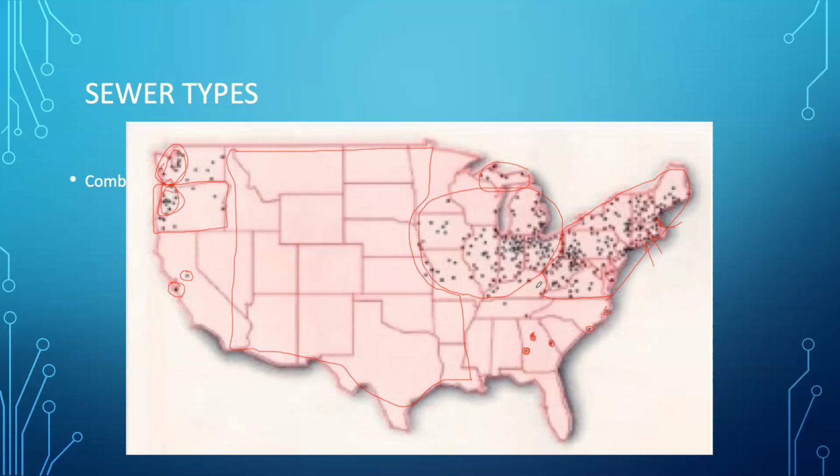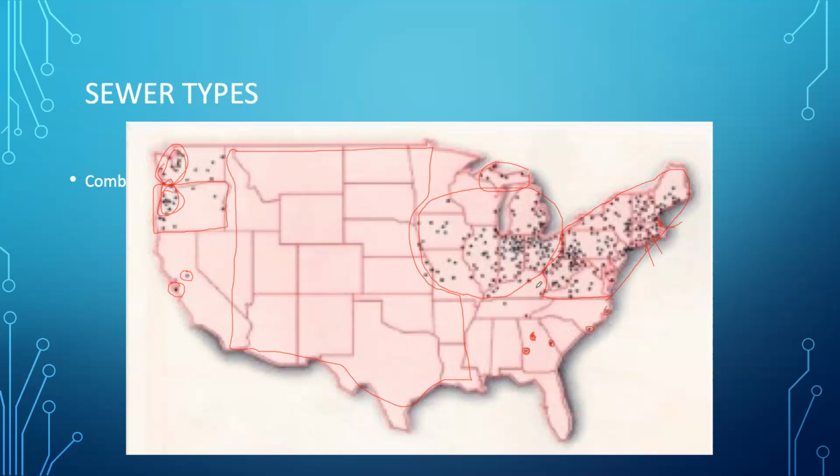Imagine San Francisco, if you will, having to tear up the entire city of San Francisco to replace a sewer probably isn't a very good idea. So it hasn't happened.